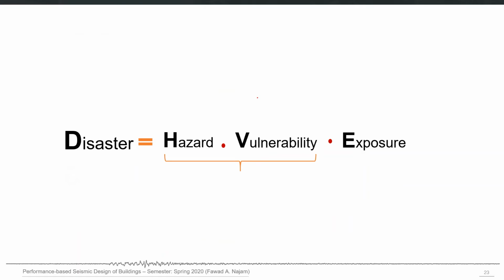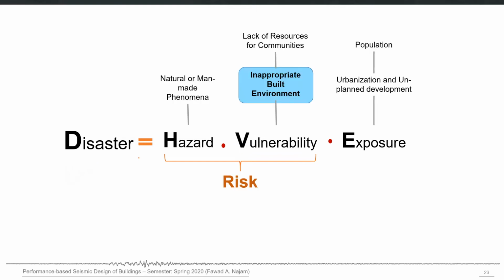So the basic equation we have is that disaster is equal to hazard times vulnerability, and sometimes the exposure also is multiplied, but sometimes this exposure is considered a part of the vulnerability. So in fact, risk is equal to hazard times vulnerability. This is our basic equation.